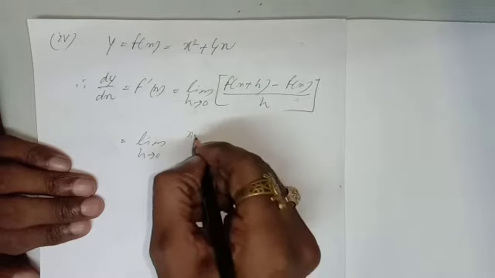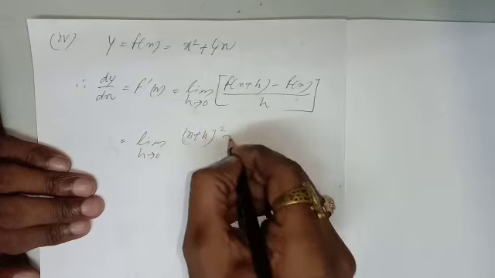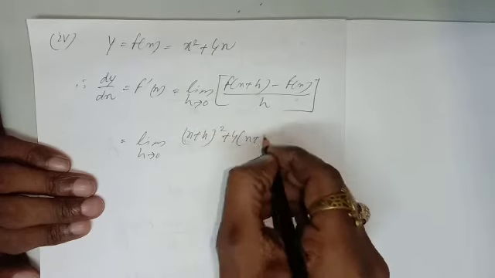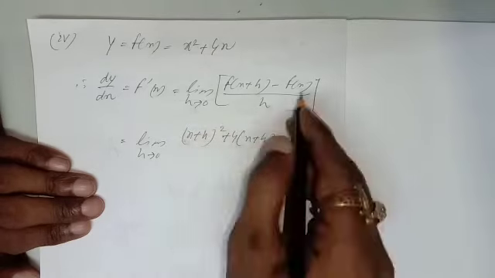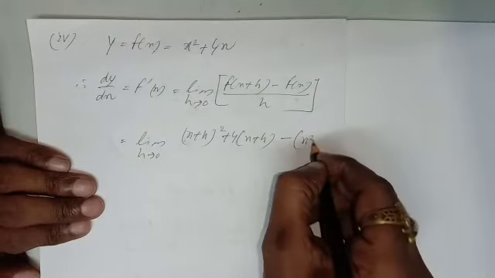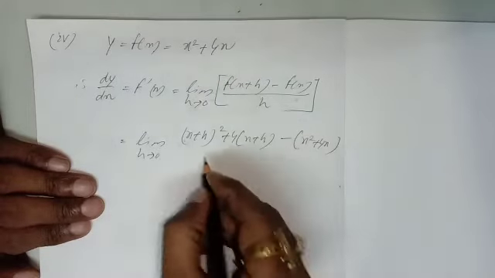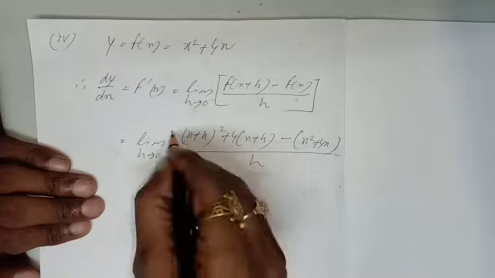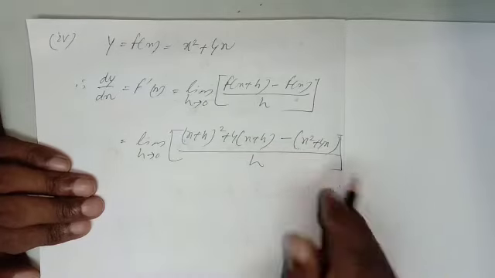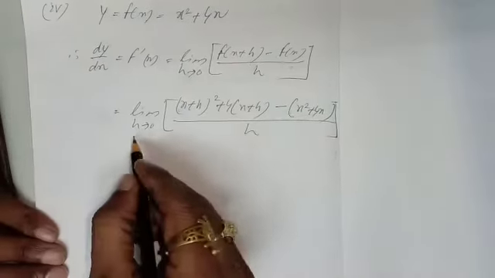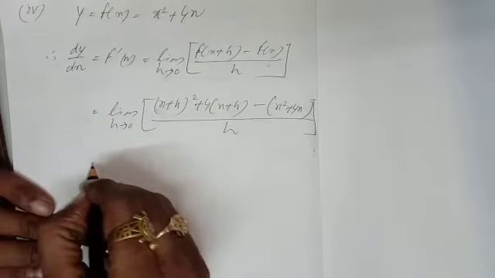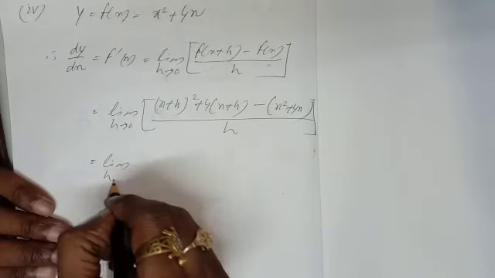This will be x plus h whole square plus 4 into x plus h, minus f of x, which is equal to x square plus 4x, by h. Now one by one you have to open the bracket just to see how much is coming. Limit h tends to 0.